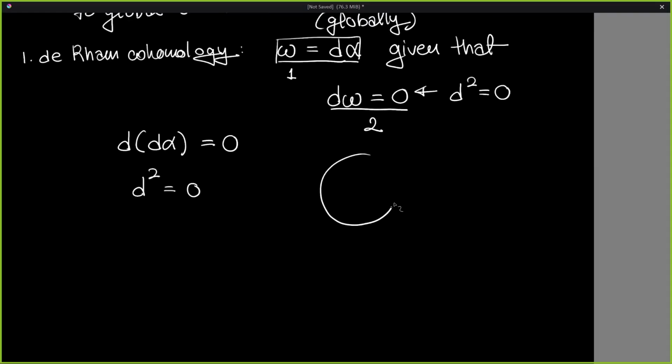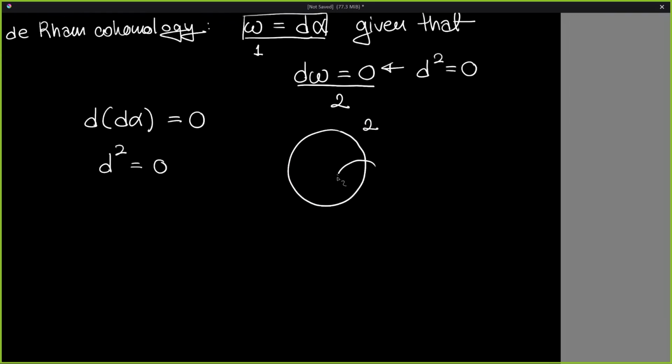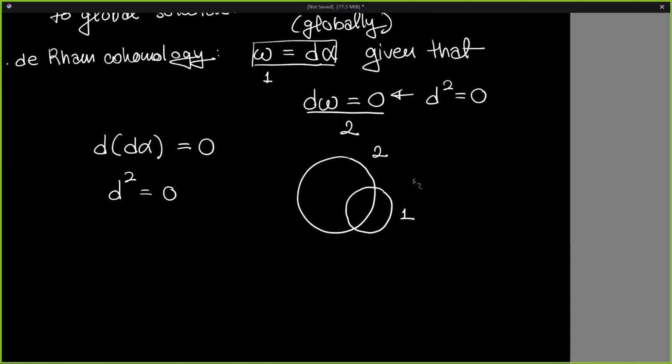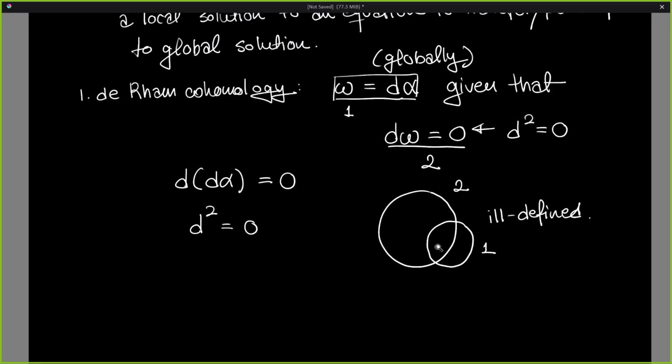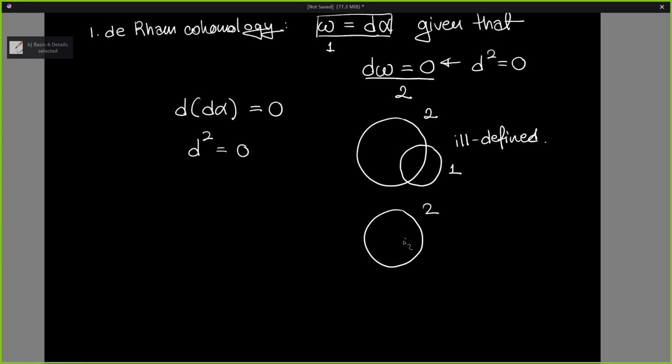Basically, what I'm saying is that let's say this is 2. If we had something like this, where this is the solution set of 1, then this question would be ill-defined, right? So we need instead for it to look like this.